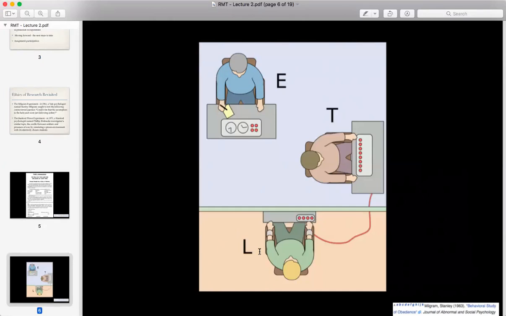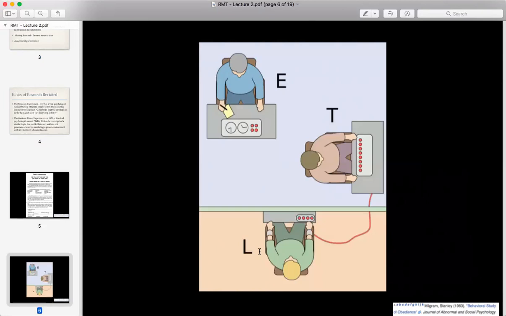If they get an answer wrong, the experimenter will ask the tester T to push a button and administer a shock. Of course, what the subject T doesn't know is that E and L are both actors, and L is pretending to receive shocks.